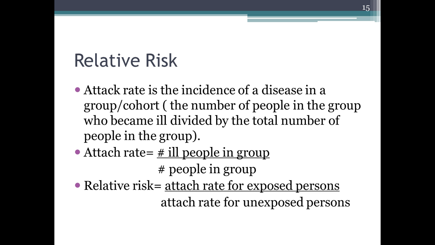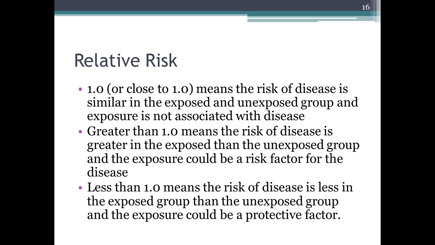And then when you move on to the relative risk, you will look at the attack rate for exposed persons versus the attack rate for unexposed persons. Again, I'm sorry, there's a typo there in the spelling for the attack rate.